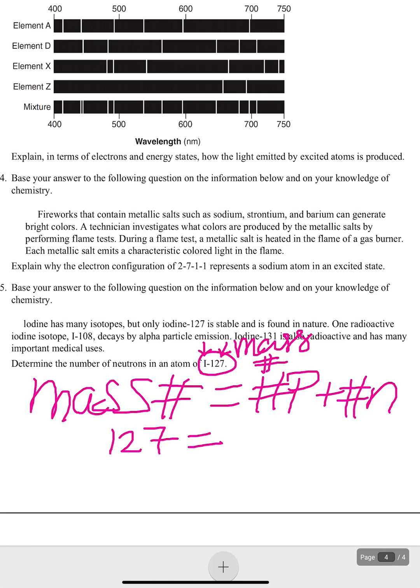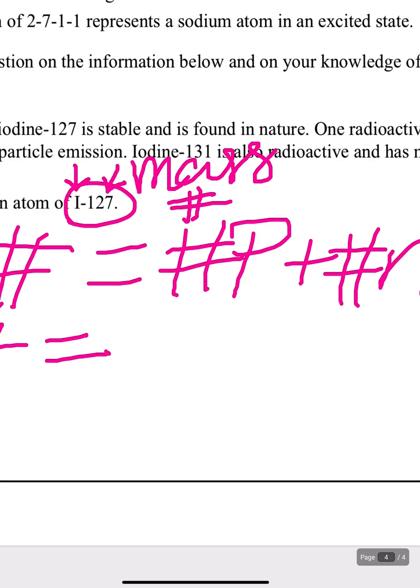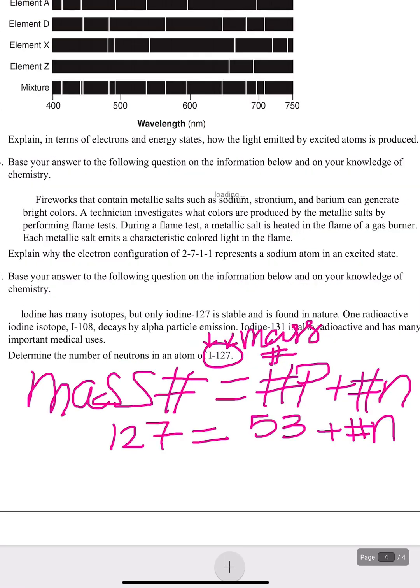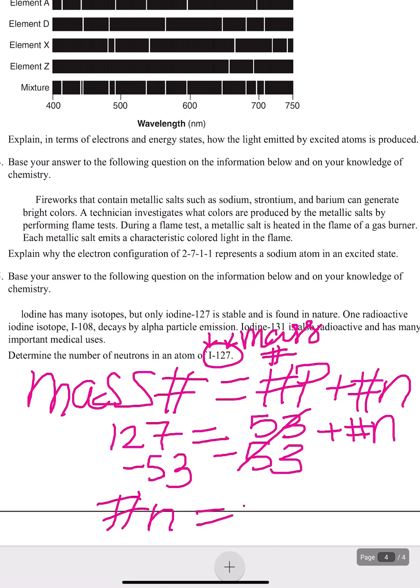So I do know the number of protons, I just needed to look for it. 53 plus number of neutrons. Now all I have to do is solve. Minus 53 on both sides. I get the number of neutrons is equal to, the answer is 74.